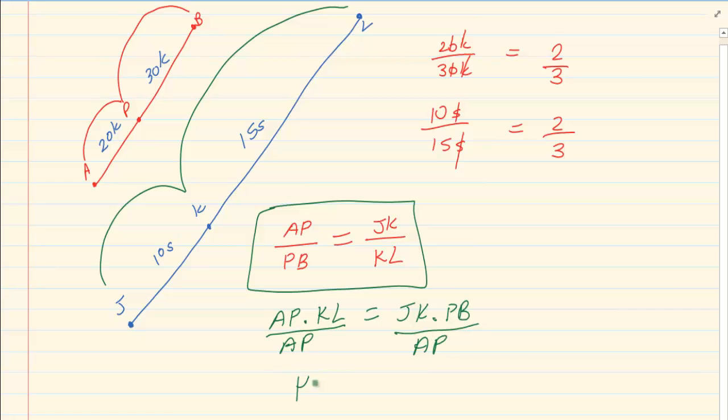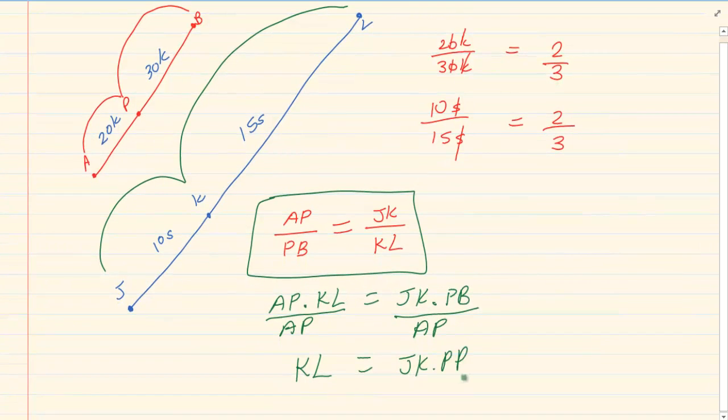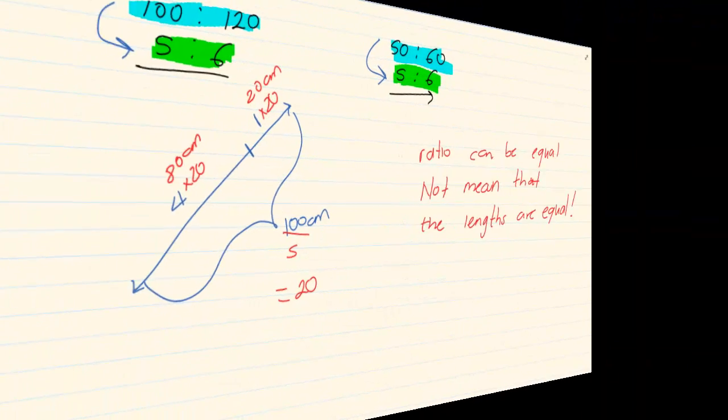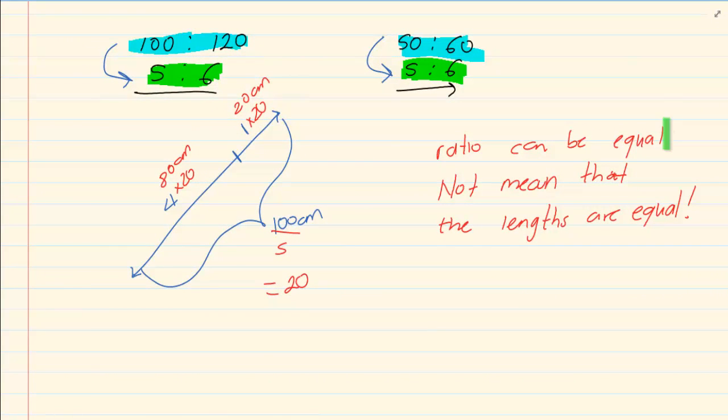I would have that KL is equal to JK times PB over AP. What I'm showing you is that when we're working with one standard ratio, any adjustments you do would keep the equation valid. What we need to remember is that ratios can be equal, but lengths are not equal.